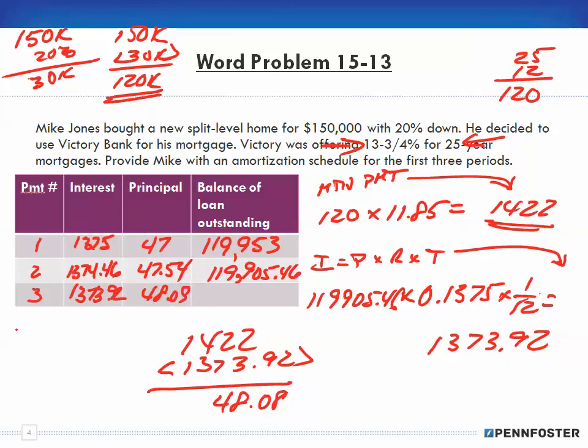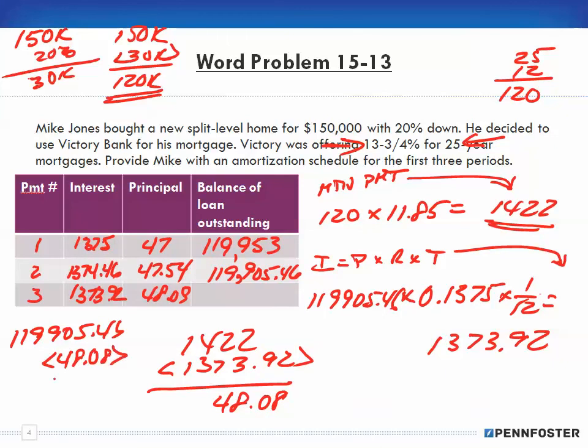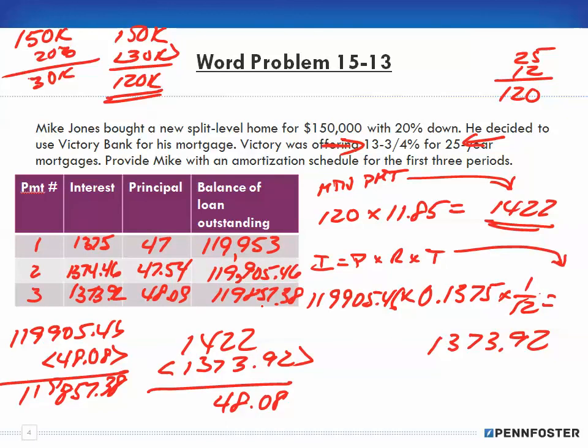We take the balance that was outstanding, $119,905.46, and subtract the amount applied against the principal, and we come up with a new balance outstanding of $119,857.38. As you can see, this is just repetitive number crunching and doing the math.